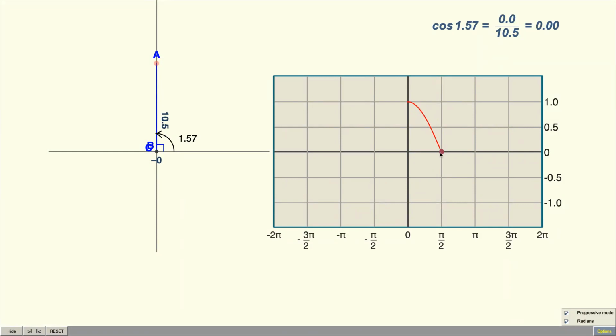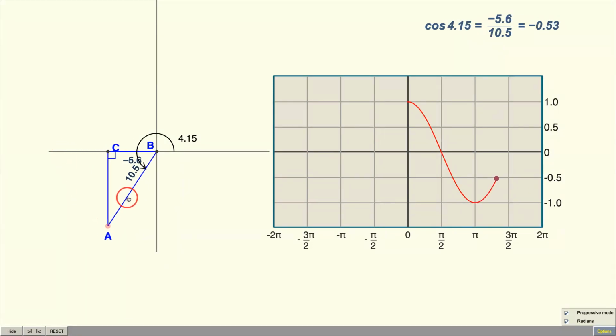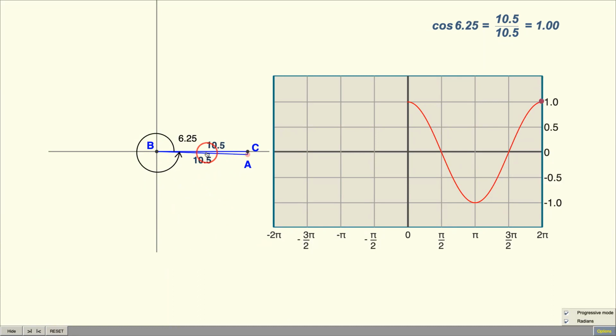So it's going down until it hits 90 degrees, where cosine is 0, and then it reflects across here. Cosine is negative, of course, in the second quadrant, which is why it's negative there. Cosine continues to be negative, but the value is increasing, which is why it's going back up to the x-axis. And then cosine continues here in the positive element, because cos is positive here.